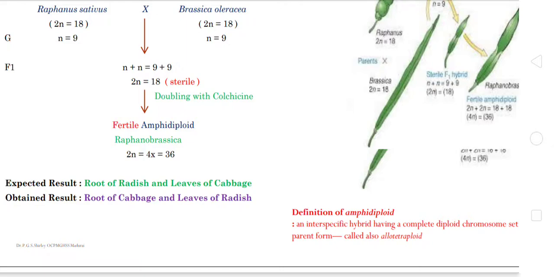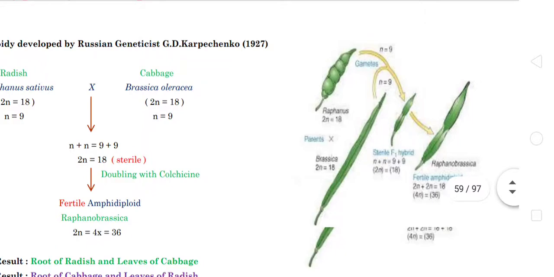In Brassica, what he expected was the root of the radish and the leaves of the cabbage, but unfortunately the vice versa was the result. So he was greatly disappointed. What he observed was the root of cabbage and the leaves of radish. So this experiment failed for the Russian geneticist. Again I am saying, in Raphanobrassica, both parents have the same number of chromosomes.